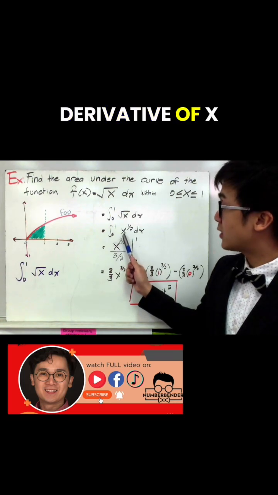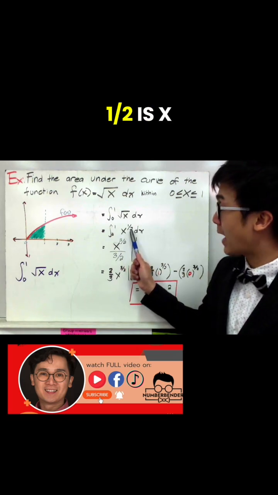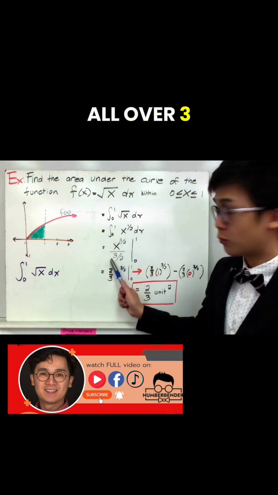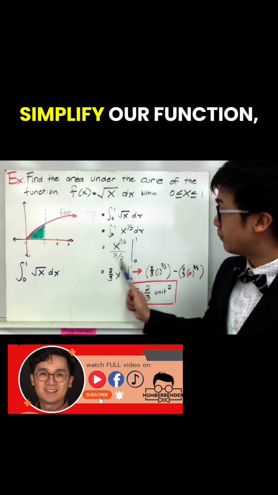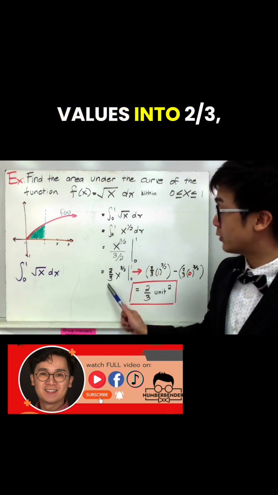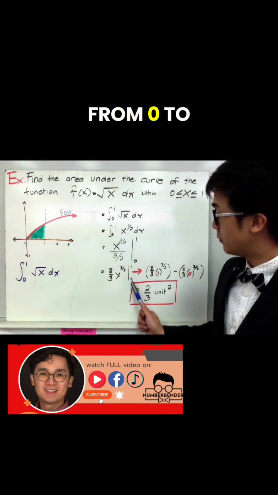So the integral of x raised to 1/2 is x raised to 3 over 2, all over 3 over 2, from 0 to 1. We can further simplify our function so we can easily substitute our values into 2/3 x raised to 3 over 2 from 0 to 1.